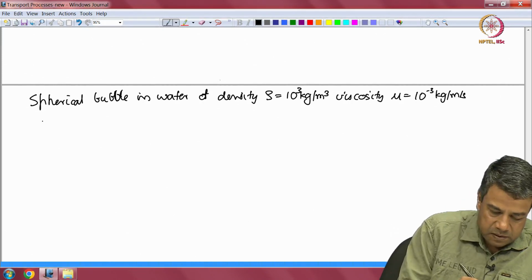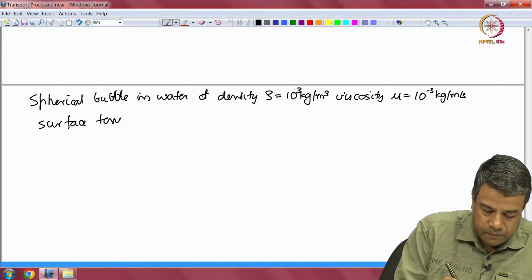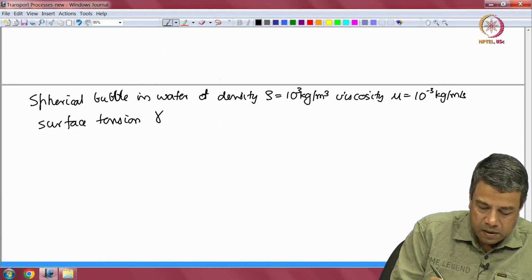And surface tension gamma is equal to 0.072.